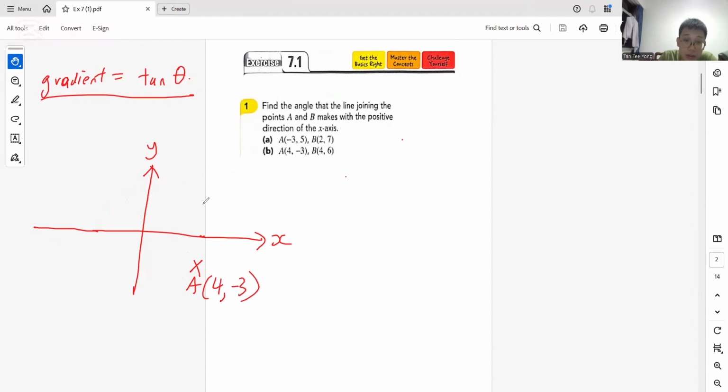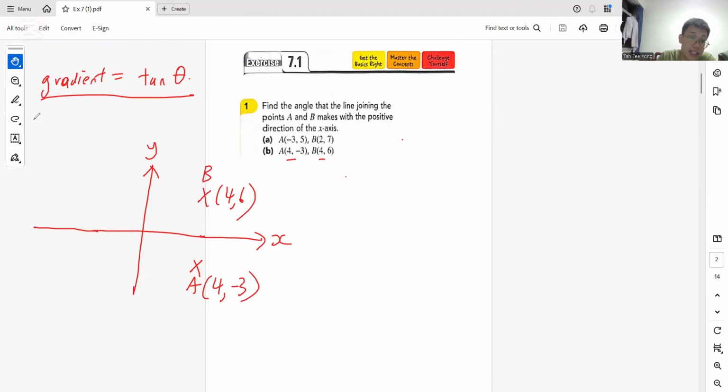Then B is directly vertically on top of A. So here as well, B. B is actually (4, 6), because based on their x coordinate, they are directly vertically on top of one another.